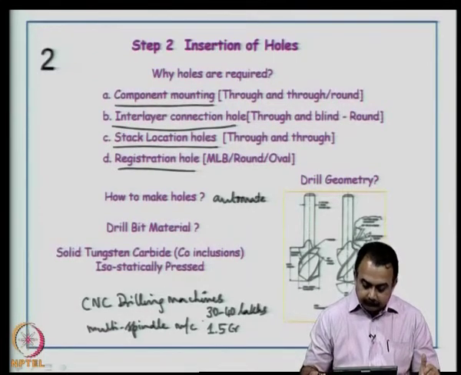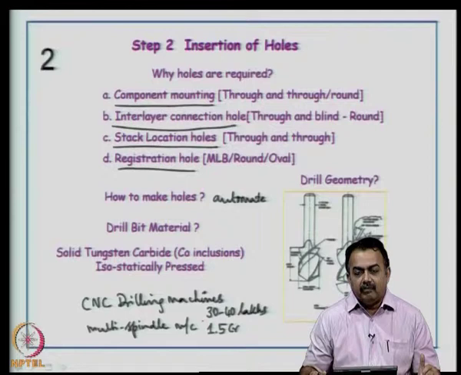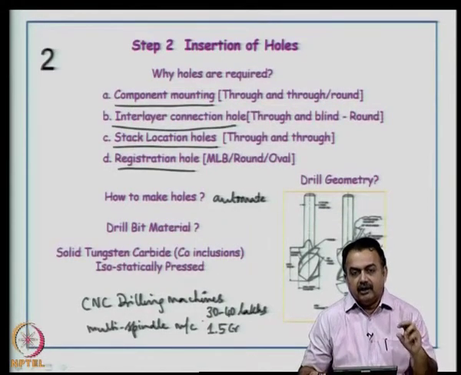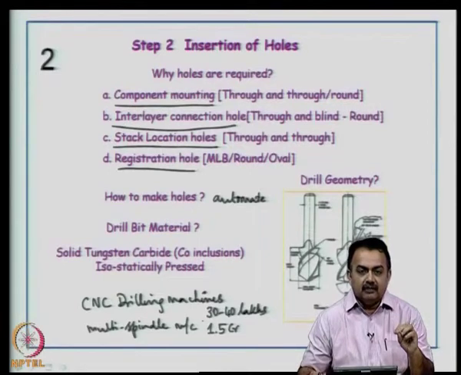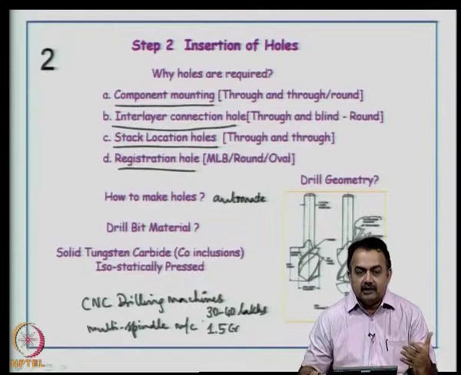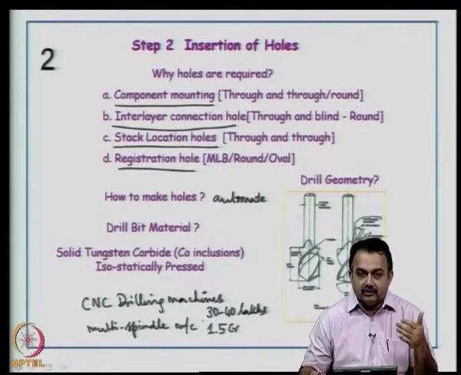Now, we are talking about a laminate which is very tough. Copper is soft, the dielectric material and the resin and the filler are fairly tough. For example, if you use FR4, you have the glass material which is very tough, and the drill bit has to pierce through all of these materials and come back.